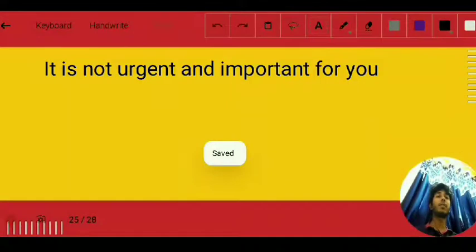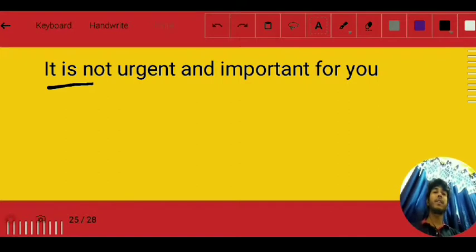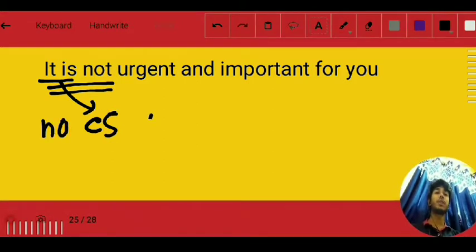It is not urgent and important for you. The word for urgent in Spanish is urgente. So here we have a negation. First of all, we write "it is", es, and we negate that with no. No es urgente.